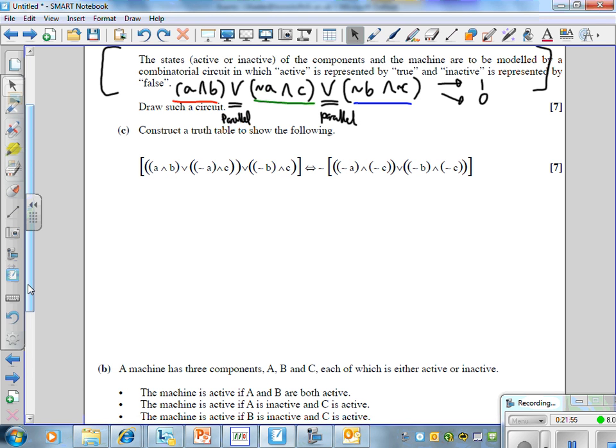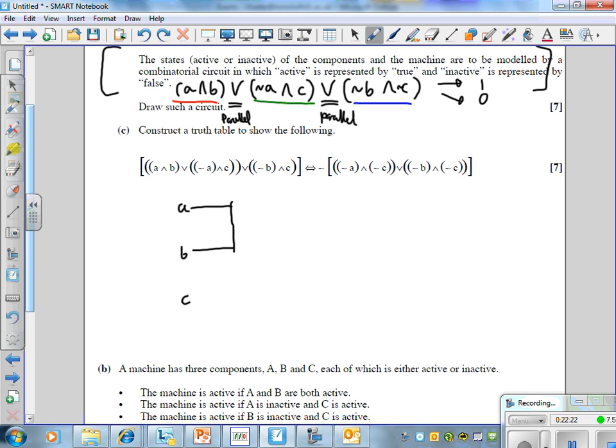If we want to do the combination circuit, again it's not going to be too bad here. So let's have an A, let's see how this works. So we've got an A and not A. They all appear twice, so it's going to be a bit messy, this circuit.